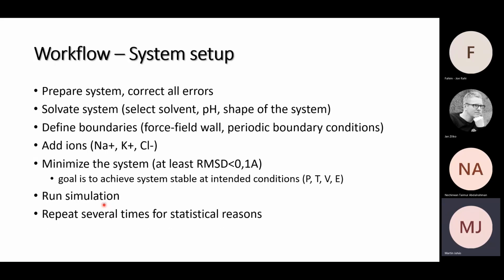So this is just a description of what I said. So you prepare the system, you correct all the errors, you solvate it. You need to select which solvent. It's usually water, but it can be also something else. You set the pH. What does it mean? It literally means that you just computationally define each acidobasic group if it's in protonated or deprotonated states.